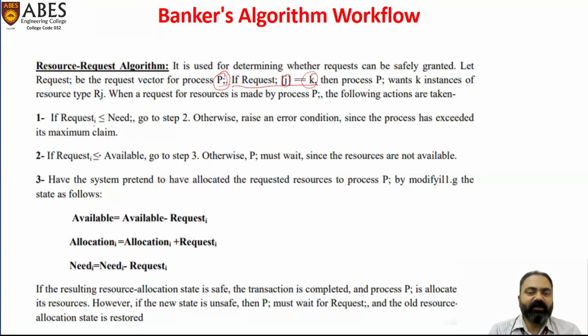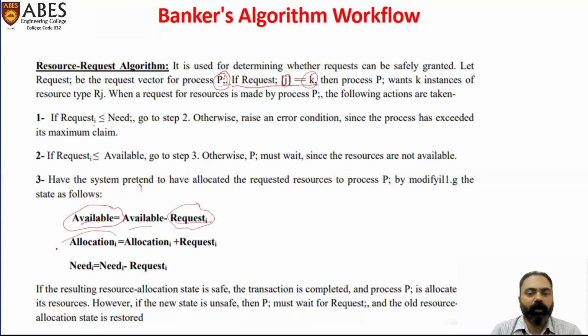If request is less than or equal to availability in the system, then again we proceed. We will allocate the resource. After allocating the resource, available will be available minus request. Means the request you have just fulfilled, you took from the system's resources and gave to the process, so the availability will decrease by the amount you granted in that process's request.